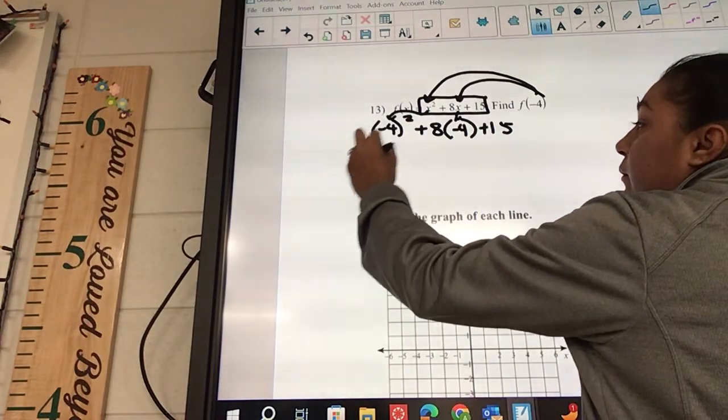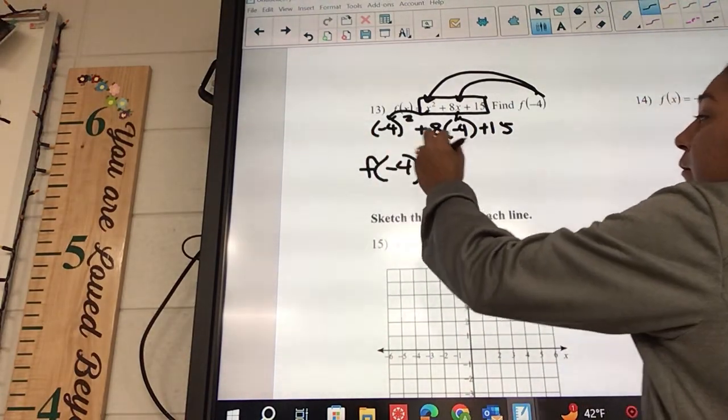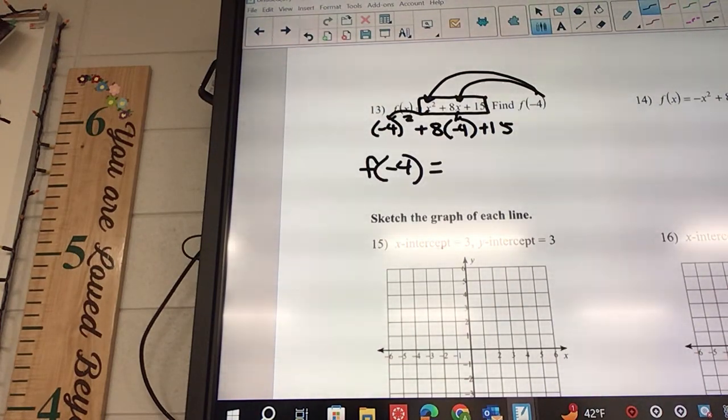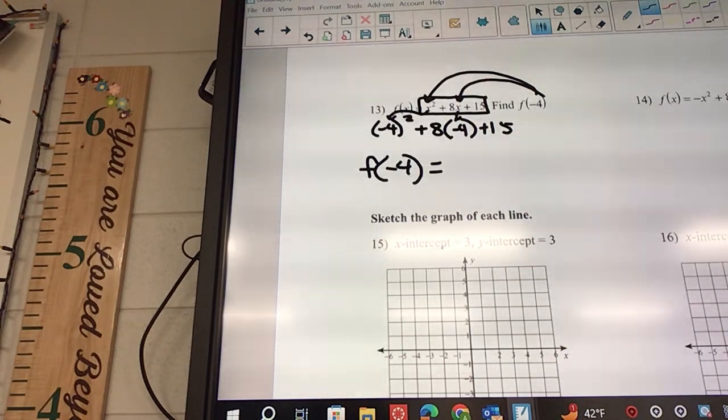I think I did it in my head, so I could be wrong. Negative 1. Somebody else? Isabella, what'd you get? Negative 1?